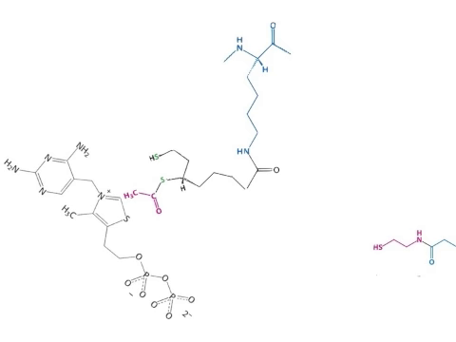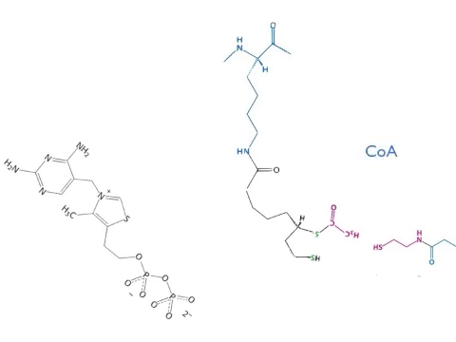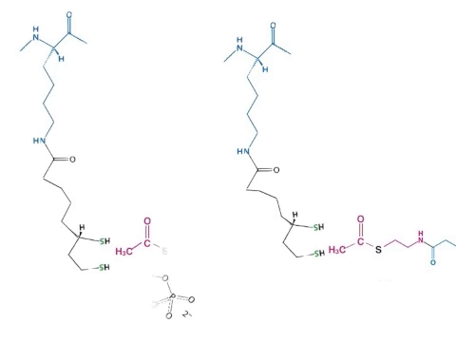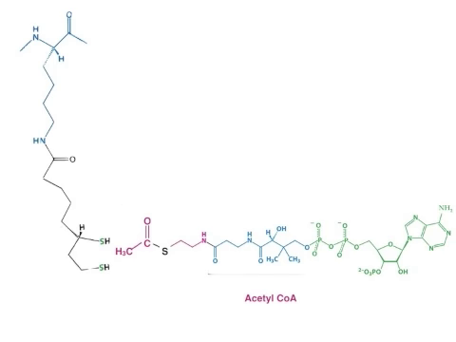Now that we have the acetyl group attached to lipoamide, we're going to swing it over to coenzyme A to make a covalent linkage between the acetyl group and coenzyme A. This results in the formation of acetyl-CoA, and that's exactly what we want.